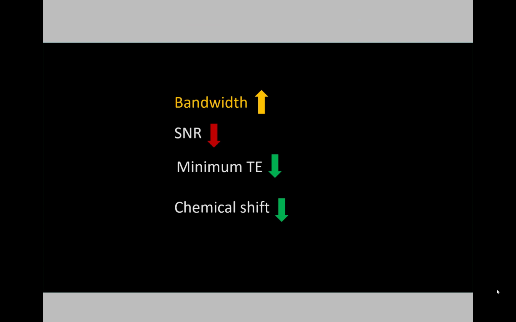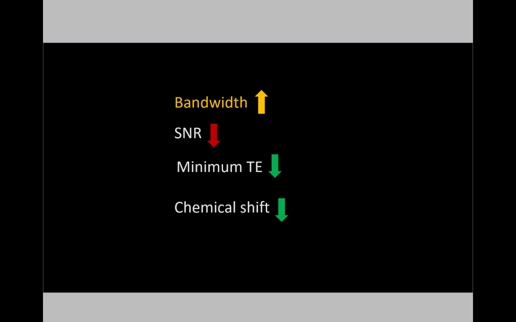Okay, so let's summarize the important things from all of that. Like many parameters in MRI, if you change bandwidth, it does both good things and bad things. So if we increase bandwidth, we will worsen SNR, because essentially we let more noise in, if you want to look at it like that.